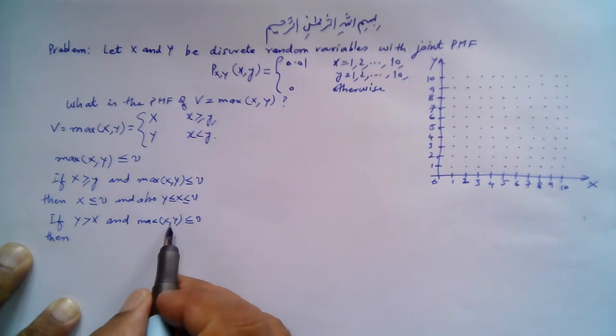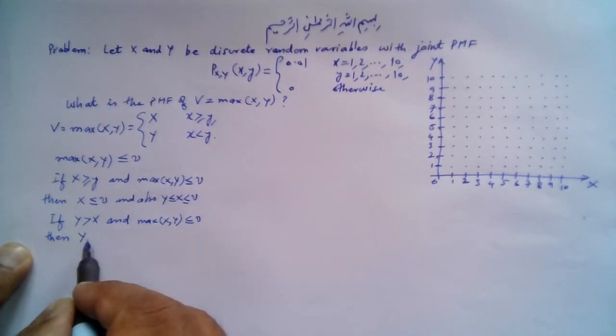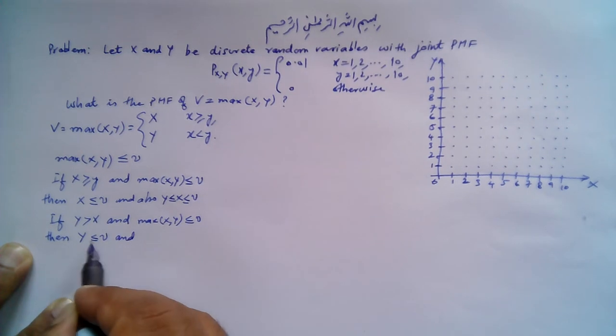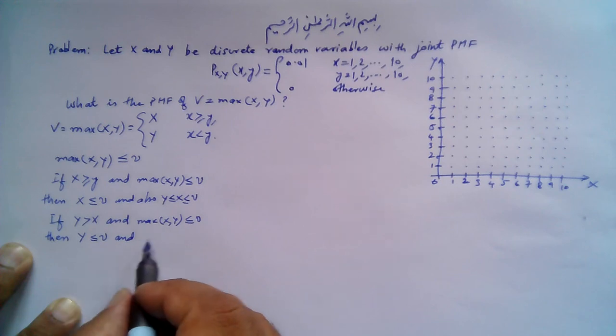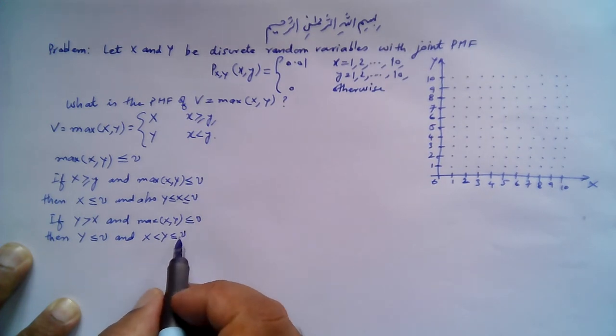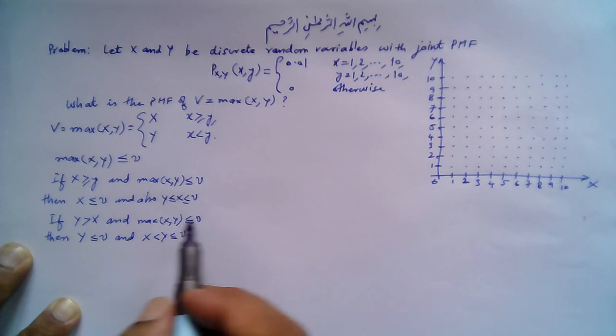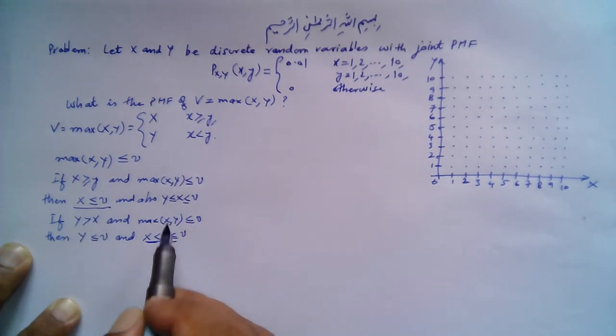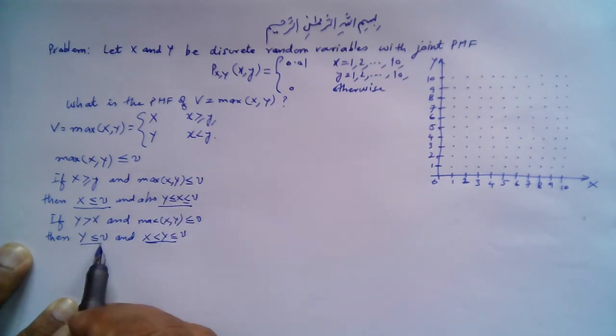So the maximum value is less than or equal to v, so we can say that y is less than or equal to v, and when the maximum value is less than v, the smaller value will also be less than or equal to v. So in that case x is also less than y and less than or equal to v. So we see that in either case x is less than or equal to v, right, and y is also less than or equal to v.